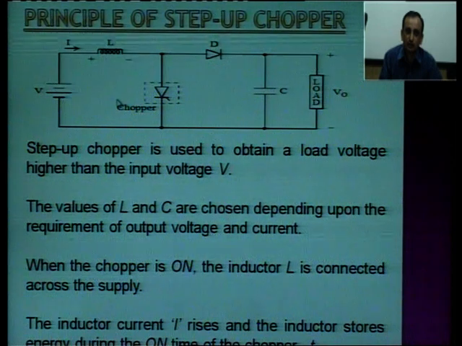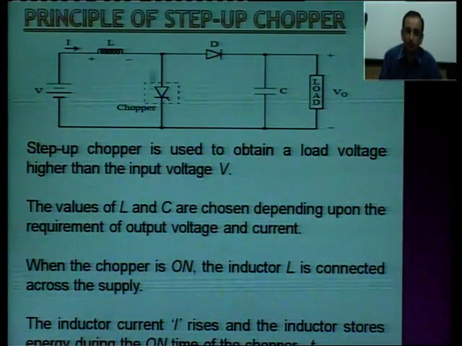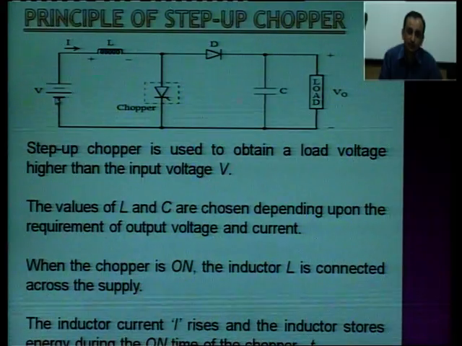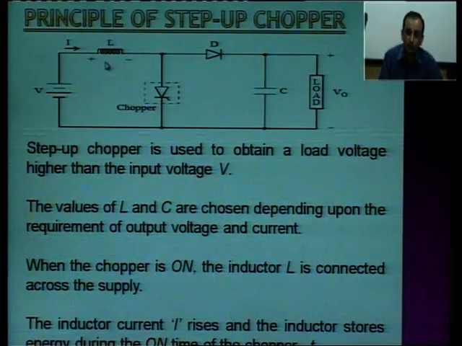And once it is turned off, there is no flow of current from the source; it has stored some energy, and once the connection is removed, it will try to oppose the change. So, the polarity gets reversed, and this stored energy will dissipate through the capacitor.